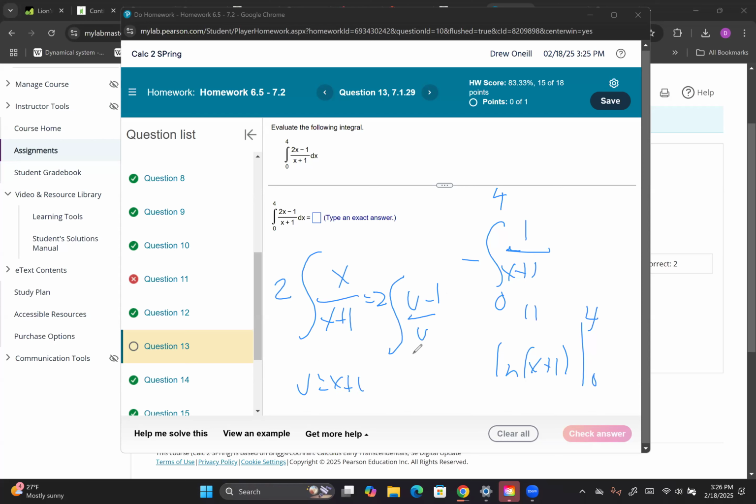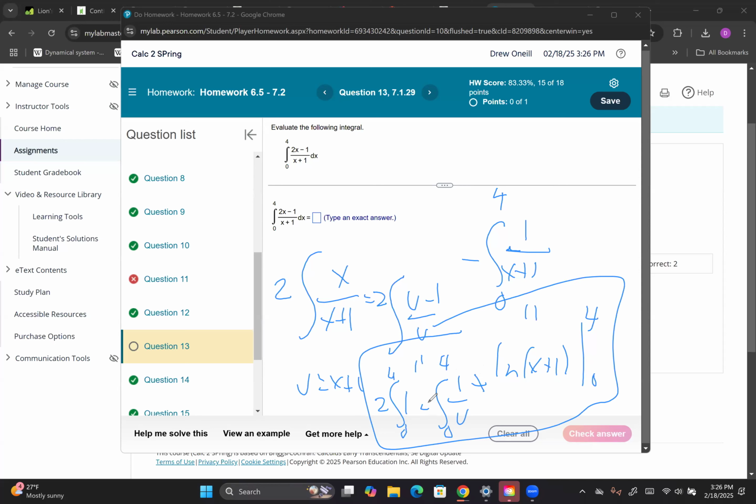Which is 2 times the antiderivative from 0 to 4 of 1, minus the antiderivative of 1 over u, plus this one. So this is what we get to. These are all from 0 to 4.